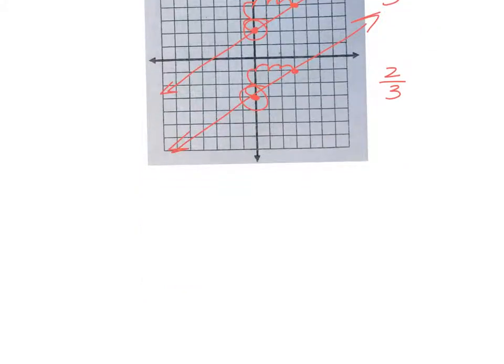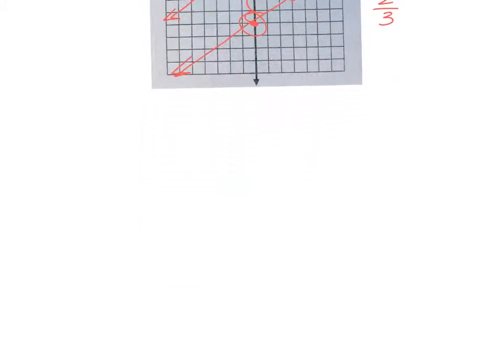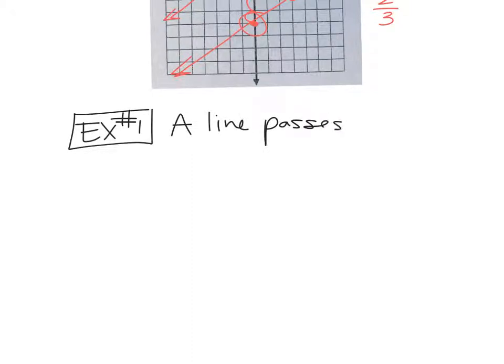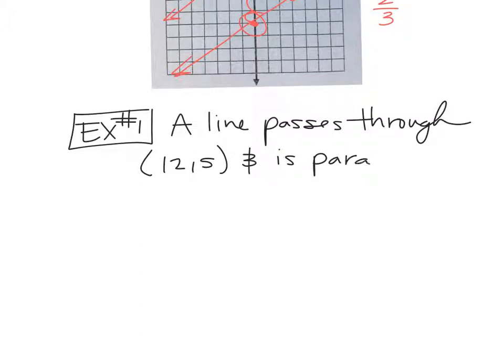Here's what you're going to do for this first example. It says a line passes through the point 12, 5 and is parallel. Okay, so whenever you see me write this symbol, that can replace "is parallel to," okay?